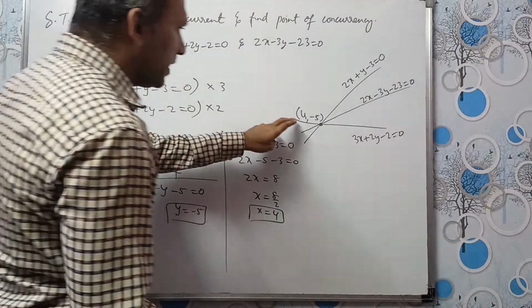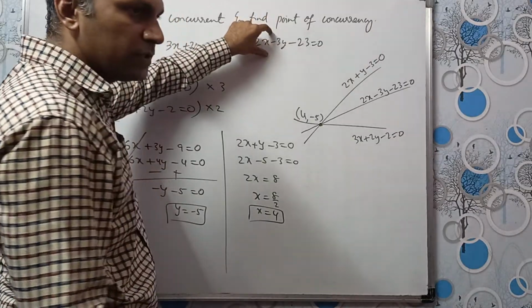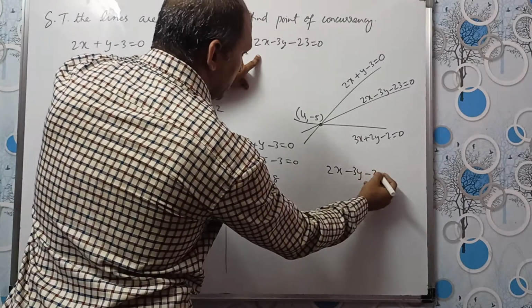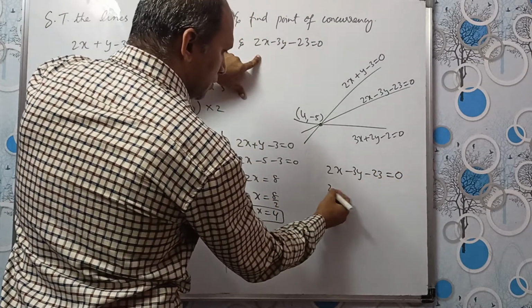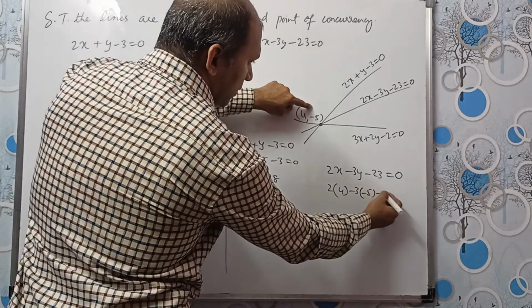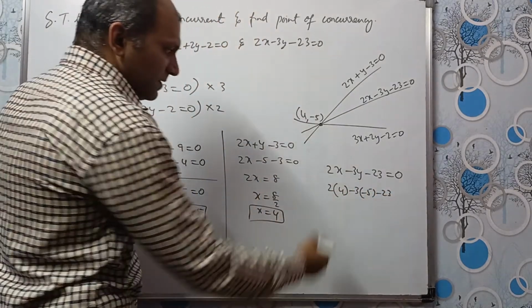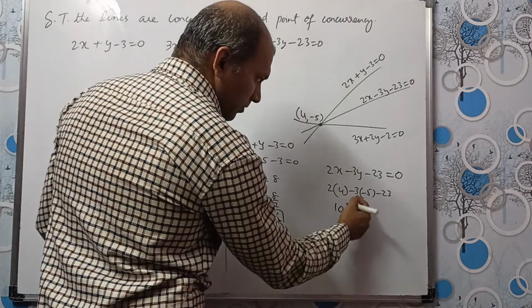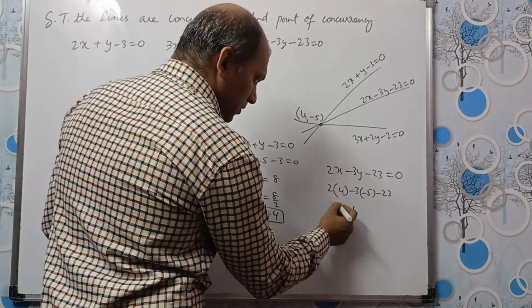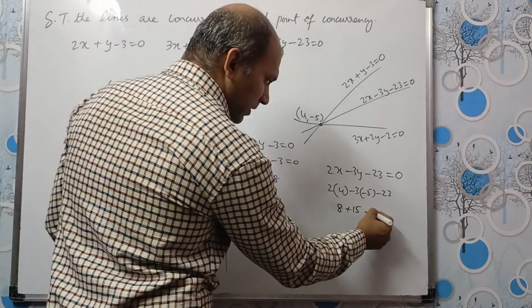Now this 4 comma minus 5, if we substitute in the third equation, it should satisfy. Let us check. 2x minus 3y minus 23 should be equal to 0. So 2, this is 4, 3, y value is minus 5. Sorry, this is 8, right? 2 4s are 8 and this is plus 15 minus 23.